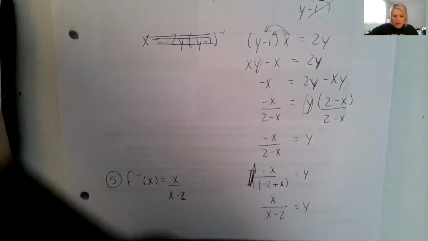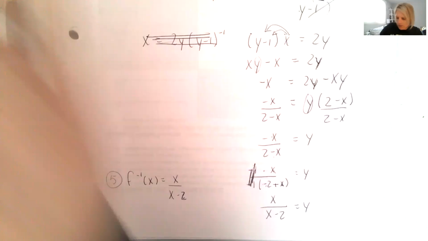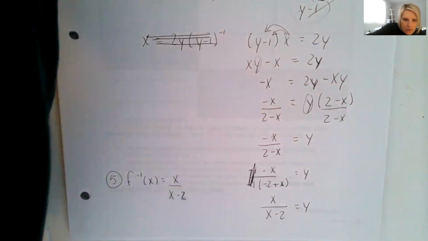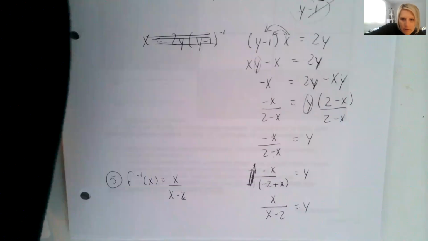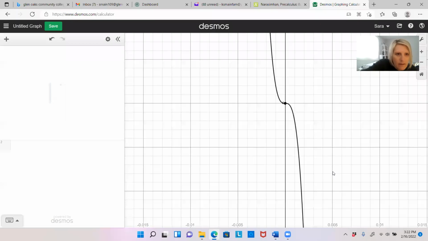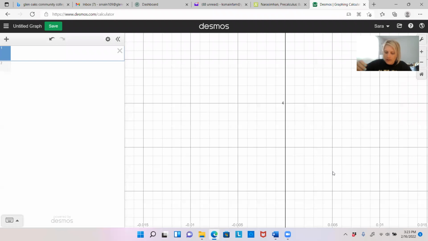Okay, so I'm going to show you how you are going to put these into Desmos here and check. So let's put this one in, y equals 2x divided by x minus 1.